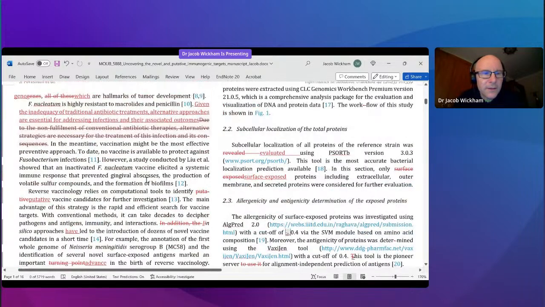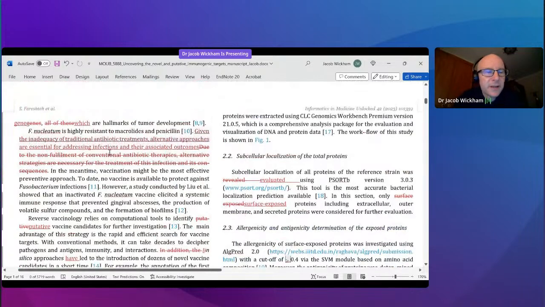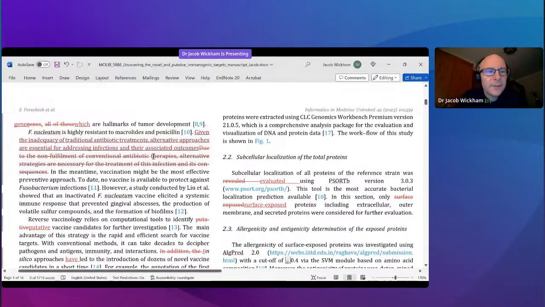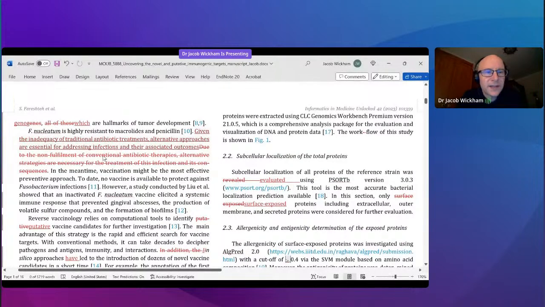The only major rewriting that we recommended for the authors in this part of the manuscript is where they discuss how this bacterium is resistant to macrolides and penicillin. The original writing was a bit vague, so I'll read it here: "Due to the non-fulfillment of conventional antibiotic therapies, alternative strategies are necessary for the treatment of this infection and its consequences."